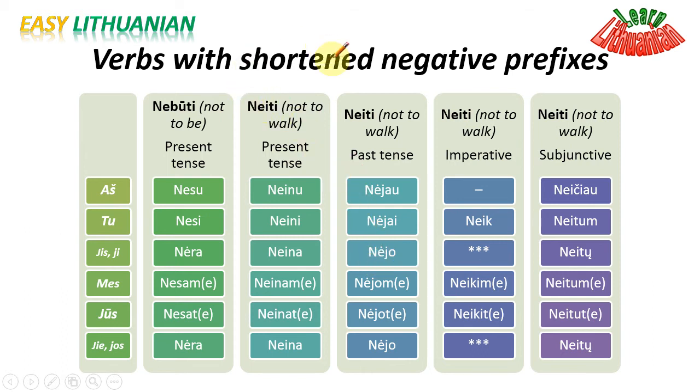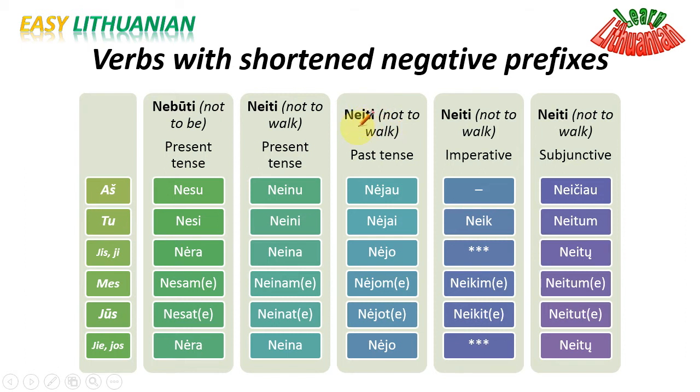Well, this shortening happened perhaps due to the fact that those verbs have vowels as the first letters. For example, eiti, to walk, and yra, it is. Because the first letters are vowels and diphthongs, it is easier to pronounce.